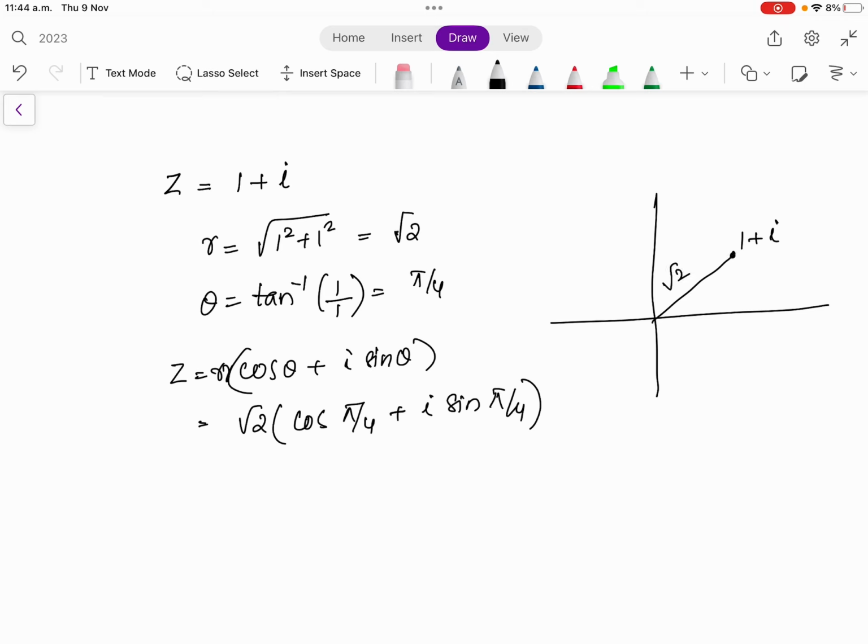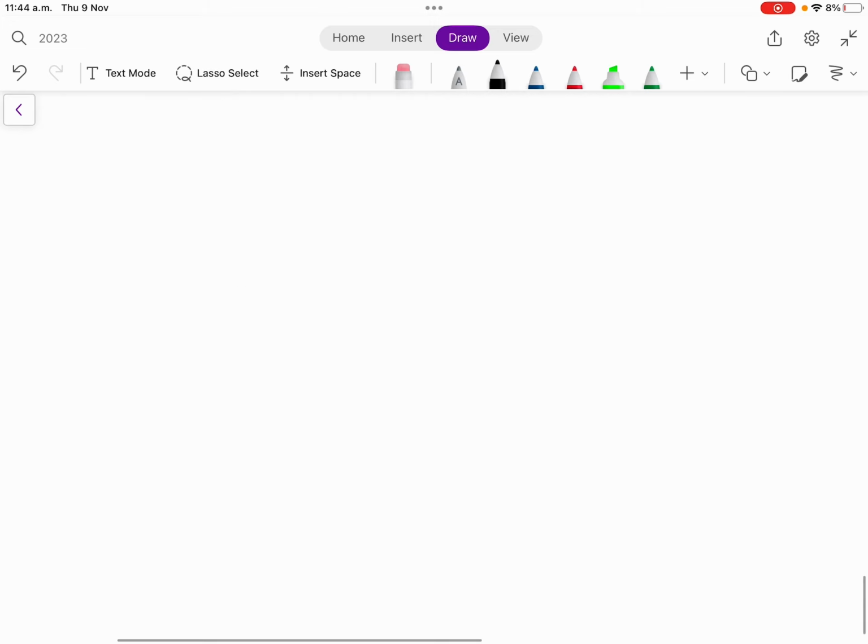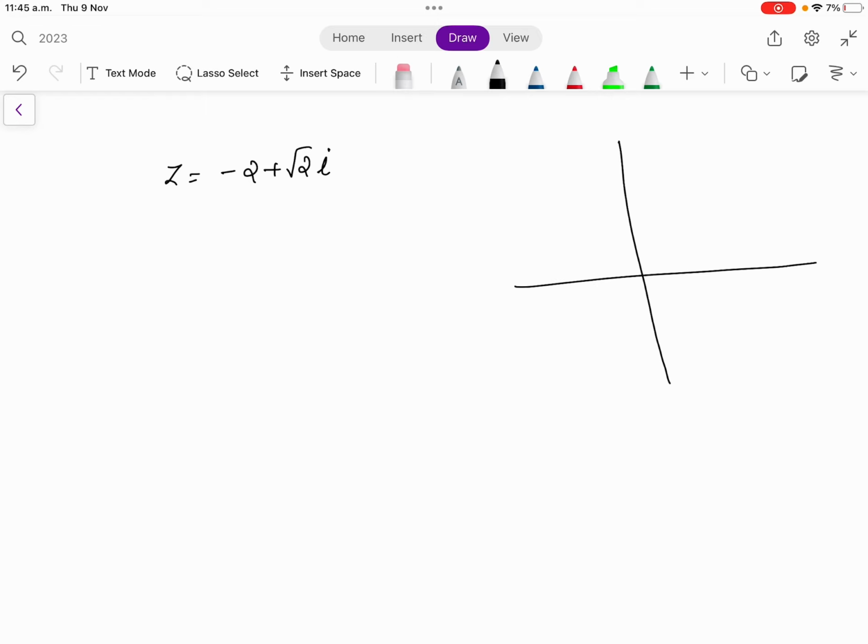Okay. Now let's take the case where we get a negative number. So z is equal to minus 2 plus square root of 2 i. You can actually chart the diagram initially so that you will understand where it will come. Minus 2 is the real part and this is the imaginary part. So minus 2 will come somewhere here, and root 2 will come maybe somewhere here.